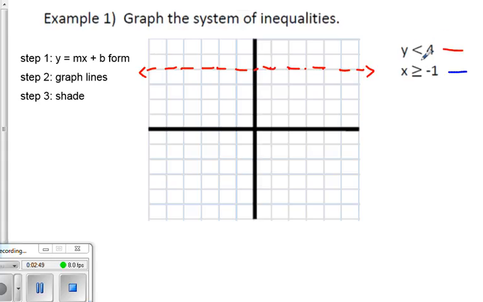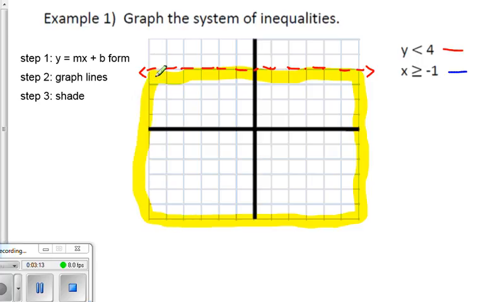Next I need to shade in the area where y is less than that. So y can be 3, y can be 2, y can be negative 7. As long as y is less than 4, that's the area I need to shade. So I'm going to use this highlighter and highlight all of the area that is less than 4. Everything below here is going to be less than 4.